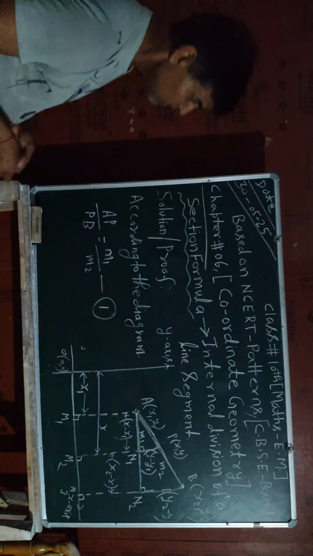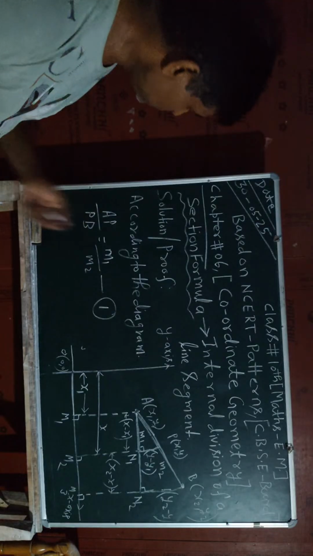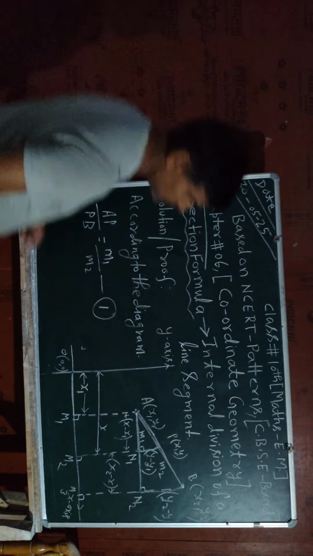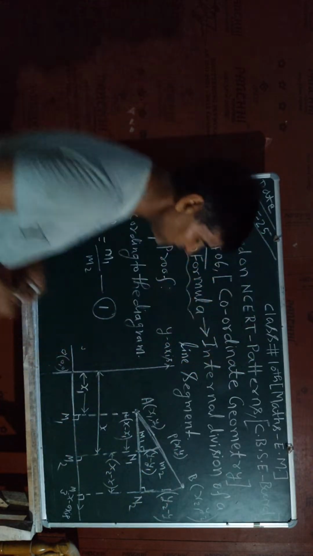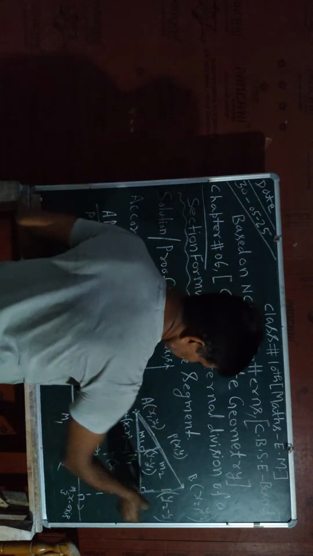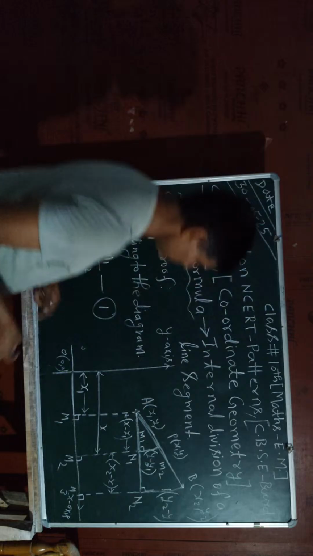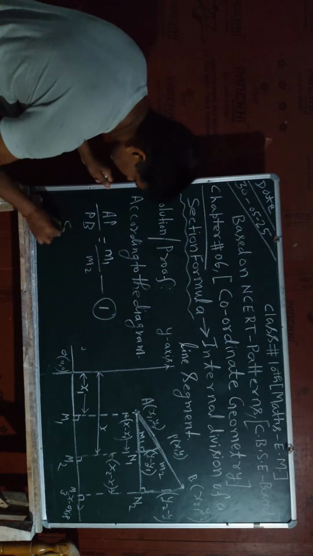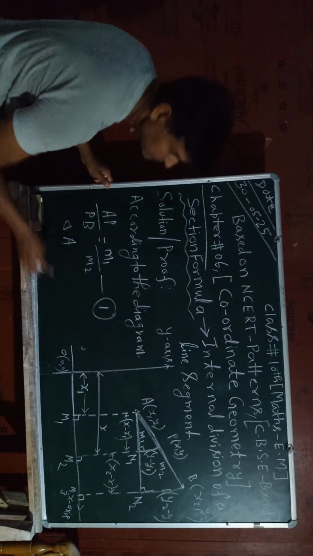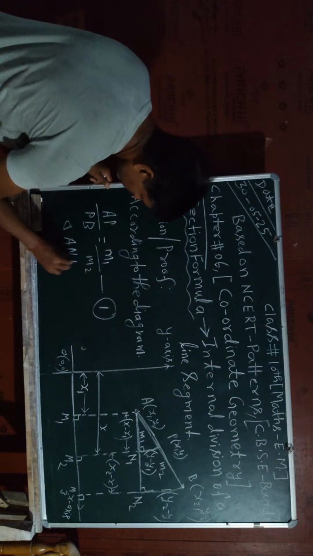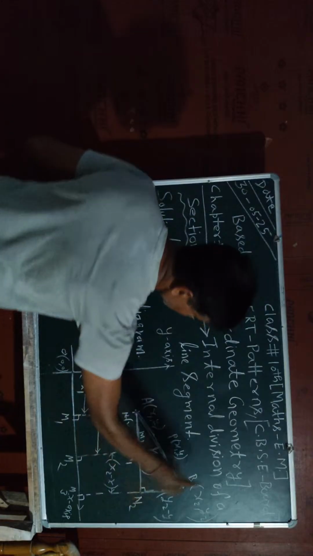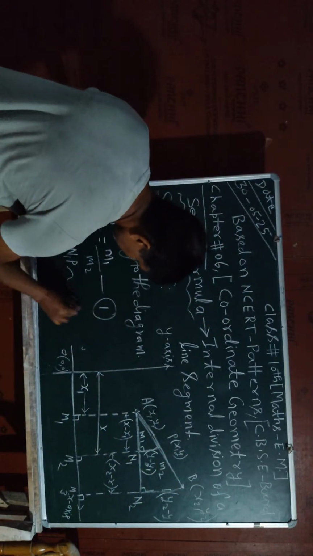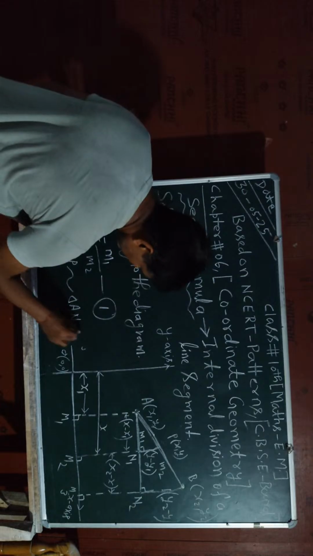Okay students, now further I will say according to the similarity of the triangles. It means that this triangle and this triangle, both triangles will be similar. So I will say triangle AN1P is similar to triangle AN2B.